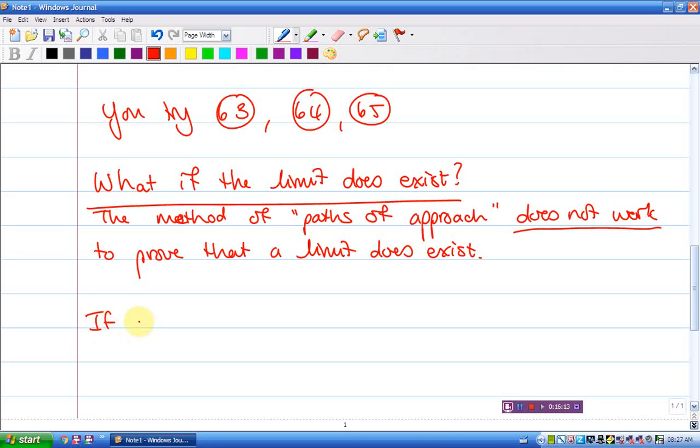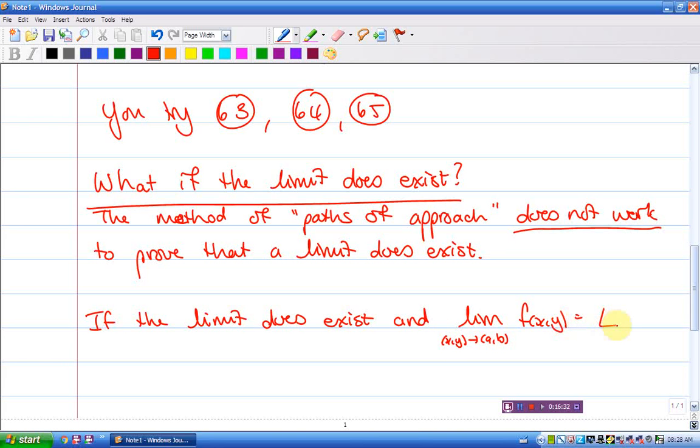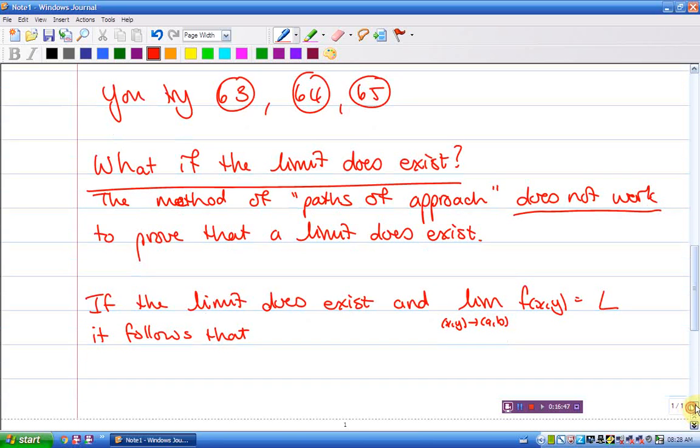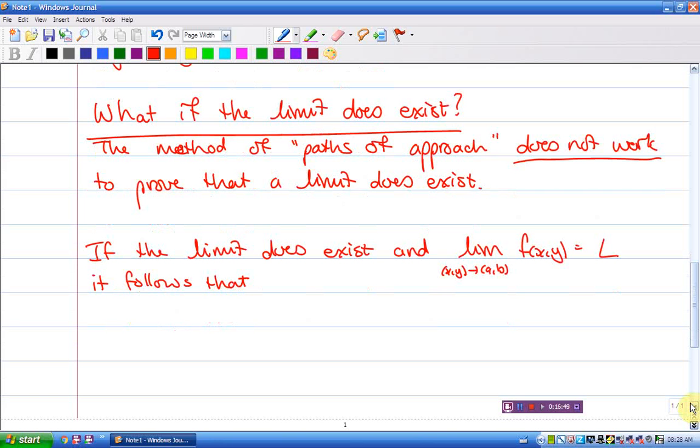If the limit does exist, and the limit as (x,y) tends to (a,b) of f(x,y) equals L, please keep quiet. Then it follows, always be a little bit suspicious when you see that. Doesn't really follow. Is it going to be as clear to me as it is to you?